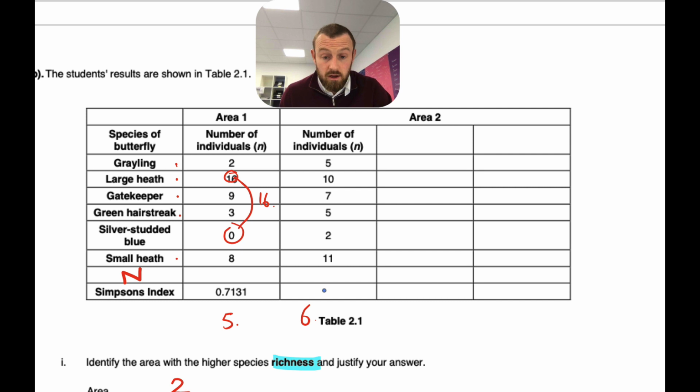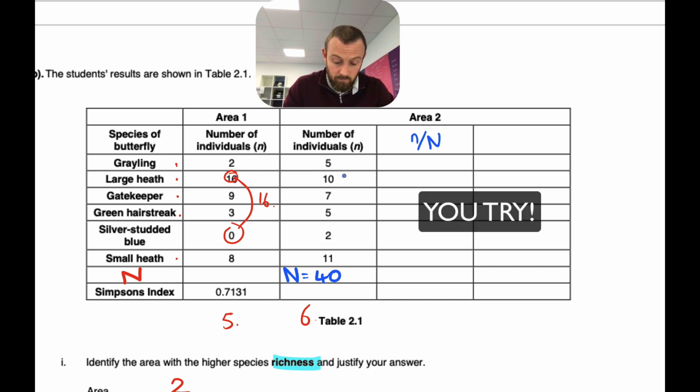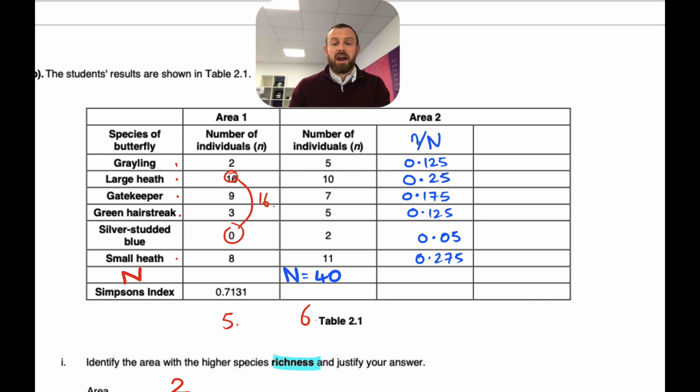So we've got 40 individuals is big N. Okay, big N equals 40. And then we should work out in this column, little n divided by big N. So it's this number divided by 40. So let's do that. Okay, so that's what you should have for your n divided by N.